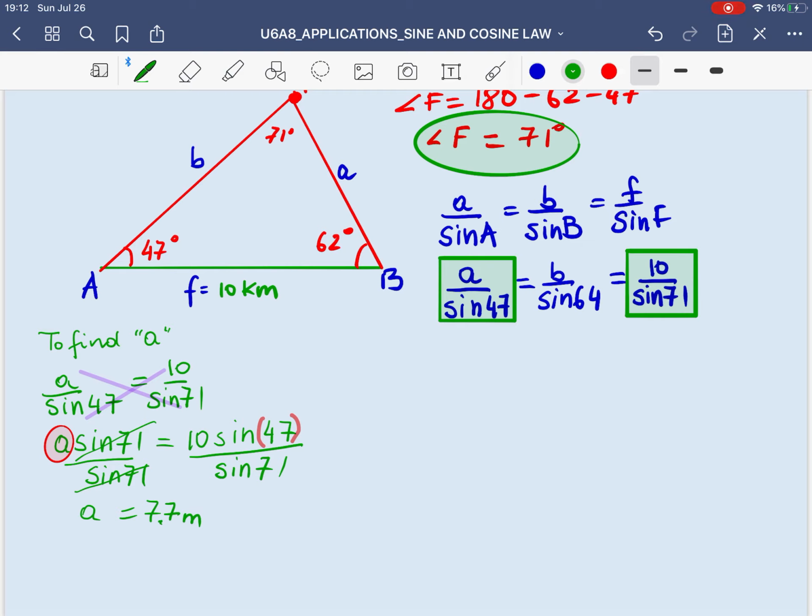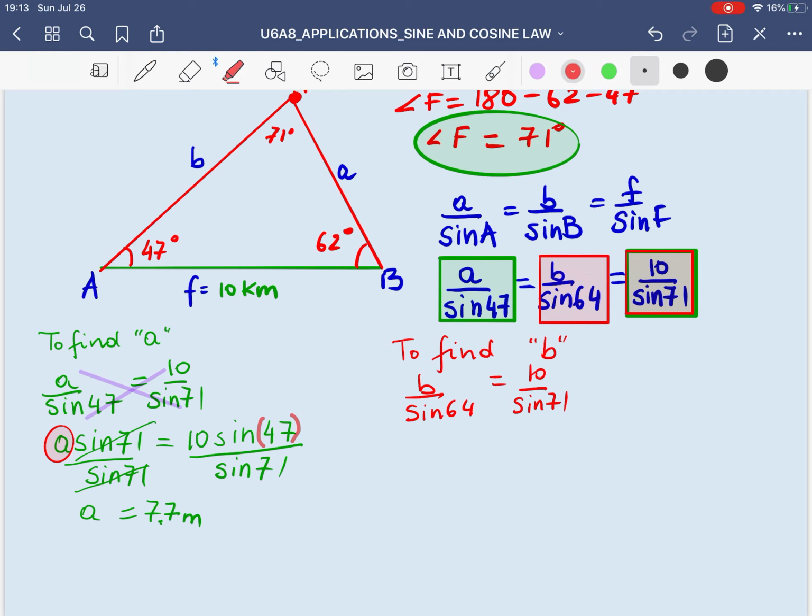For side length B, what I'm going to do is use this ratio obviously here that contains B, and I'm going to use this ratio that has both numbers in. And write that down. So to find B, you go B over sine 64 equals 10 over sine 71.